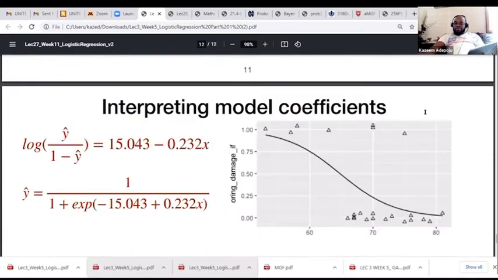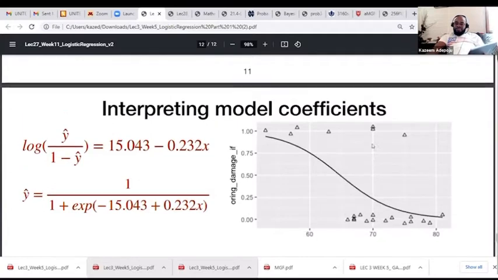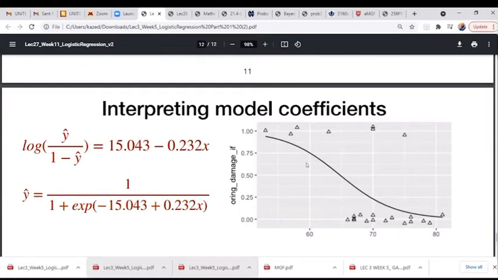Once again, this is the fitted model in Logit form, and this is the fitted model in probability form. Can I clarify? Go ahead. So y hat is the probability of damage to the O-ring, correct?